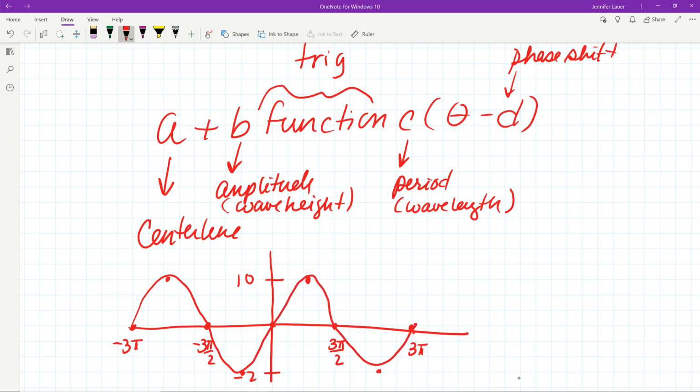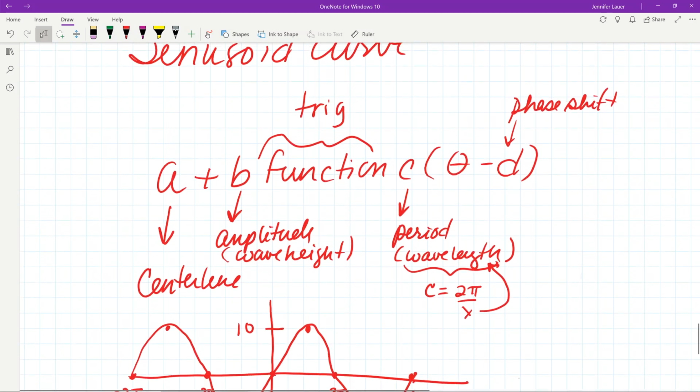Also within this one, this is the wavelength there. It's kind of a formula within a formula. But this is really all you need to solve these.